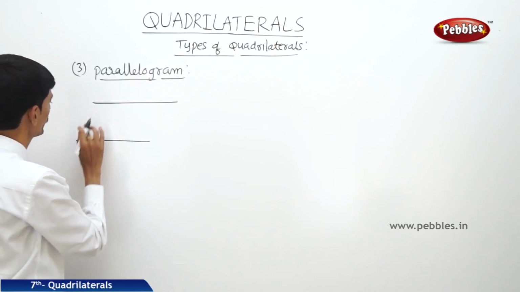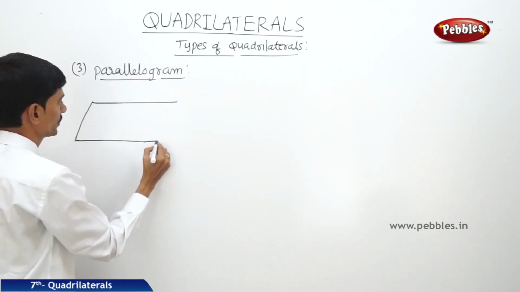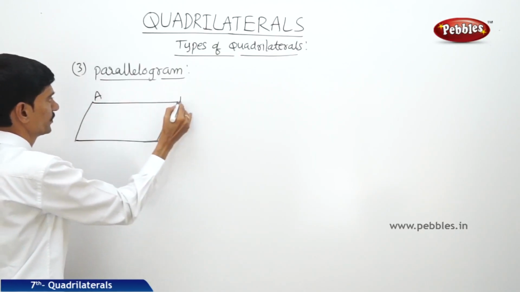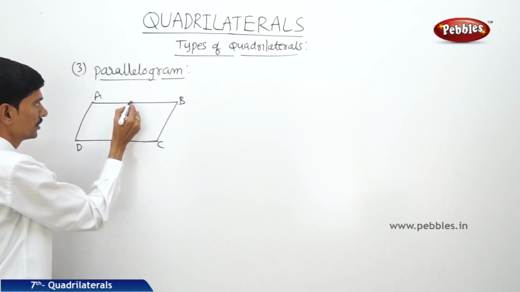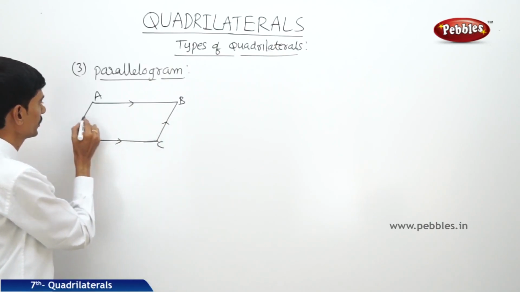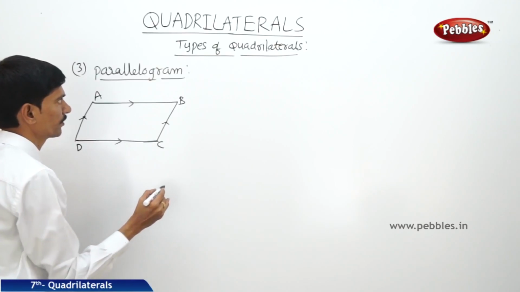So in this parallelogram ABCD, AB is parallel to DC as well as BC is parallel to AD. So such quadrilateral is called a parallelogram.